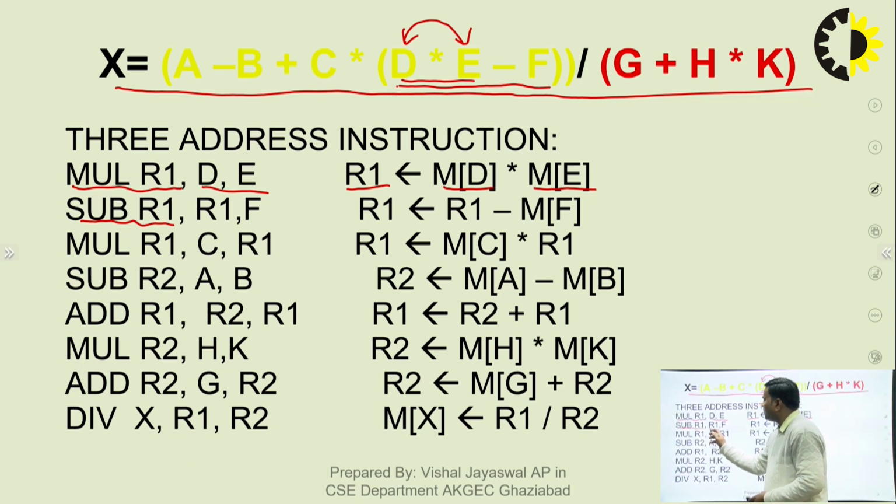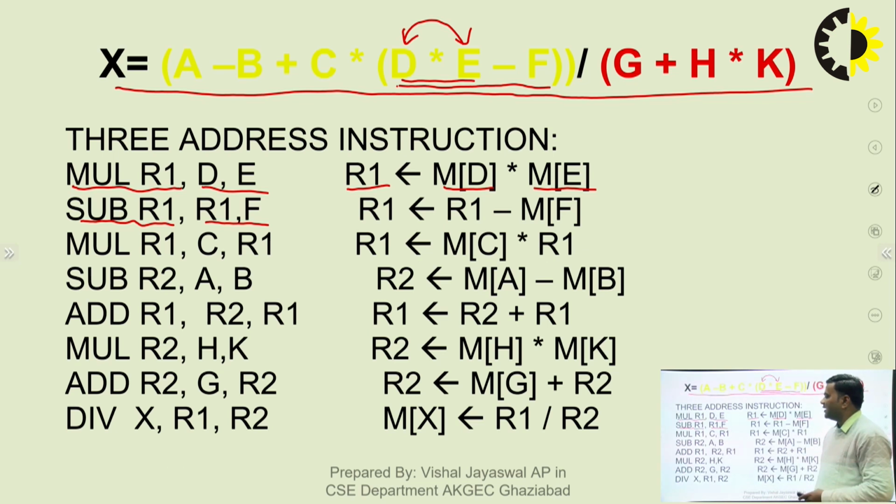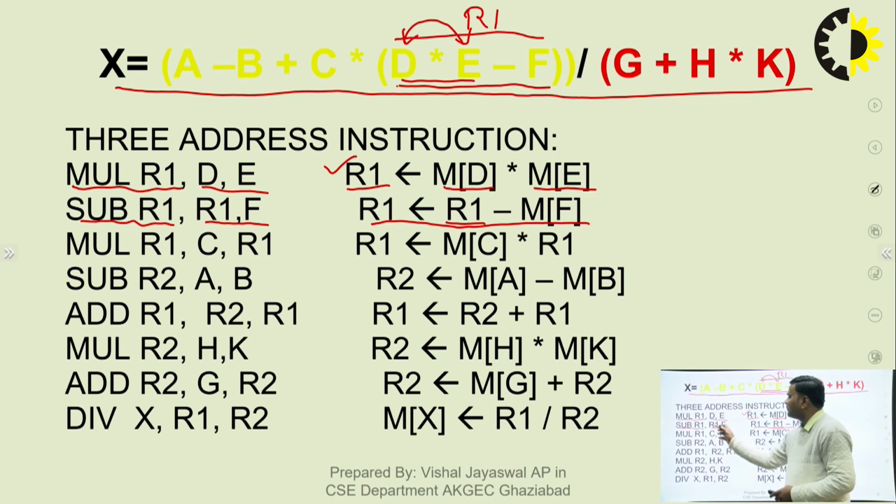The explanation of this instruction is R1 tends to R1 minus M of F. In the previous step, we calculated D into E and stored the result in R1, and here we subtract F from R1, meaning D into E minus F is solved and the result is in the R1 register. So our intermediate result is in R1.